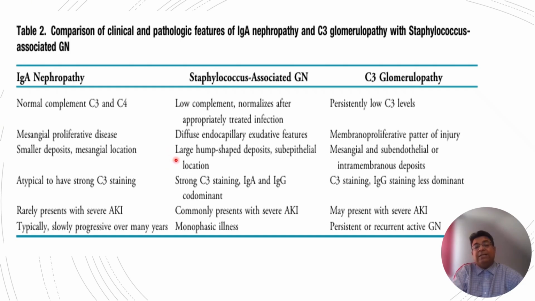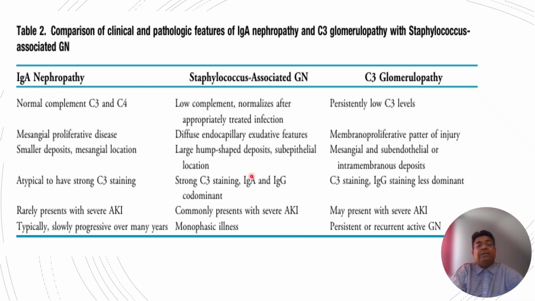This is very classic, the large hump-shaped deposits in the subepithelial location. C3GN will show a membranoproliferative pattern of injury, and mesangial and subendothelial or intramembranous deposits.